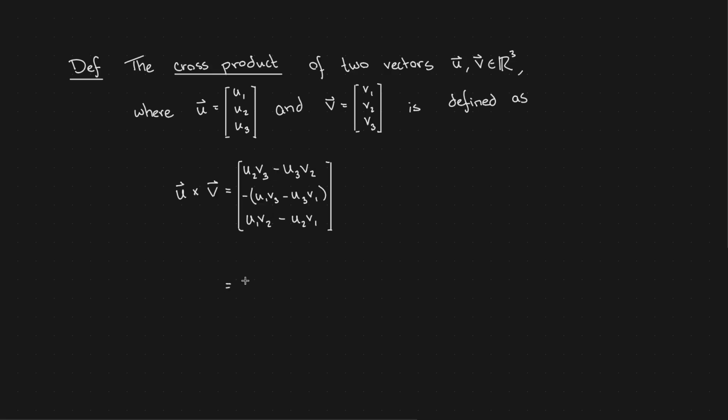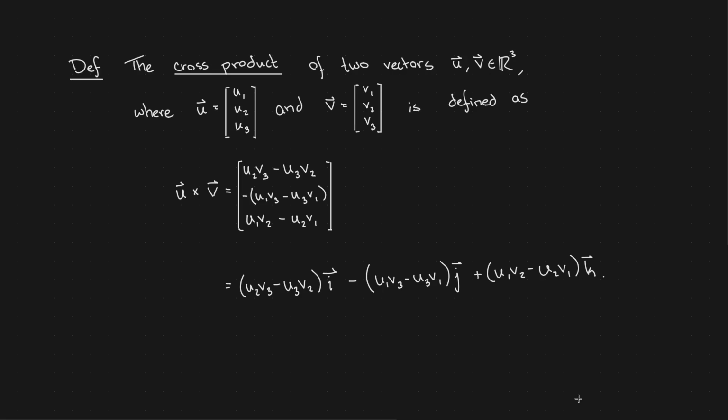So I'd get u2v3 minus u3v2, that's the first component, times the standard unit vector i, minus u1v3 minus u3v1 times the standard unit vector j, since it's the second component. And now the third component of the vector, u1v2 minus u2v1 times the standard unit vector k.